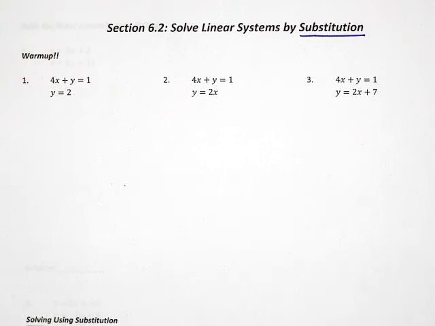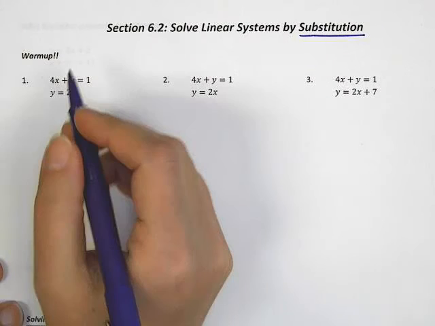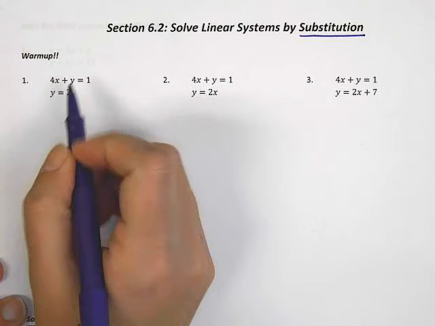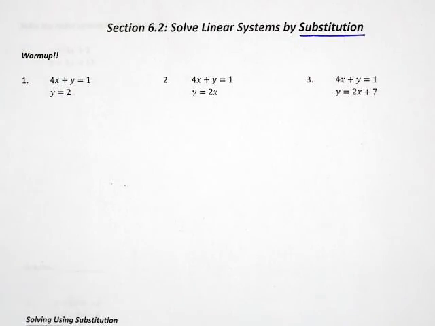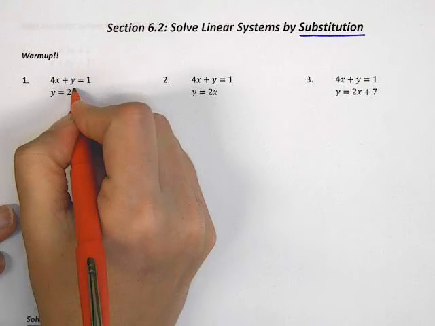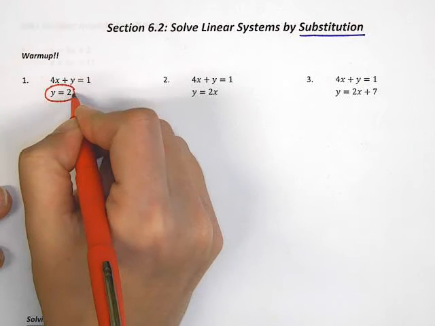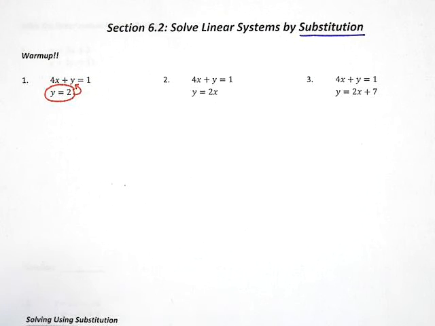we've seen before. So in this warm-up, for example 1, if I gave you the equation 4x plus y equals 1, and I said that the y value in this problem is equal to 2, what you're going to do is take the number 2 and plug it into the equation instead of y.